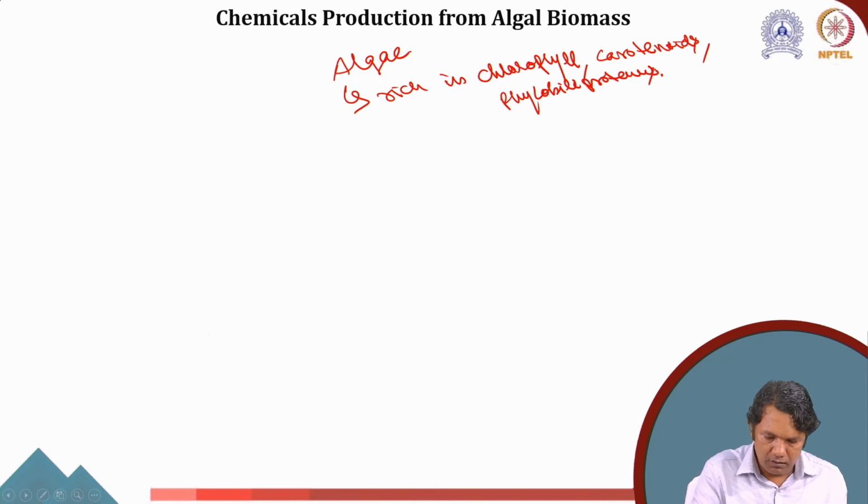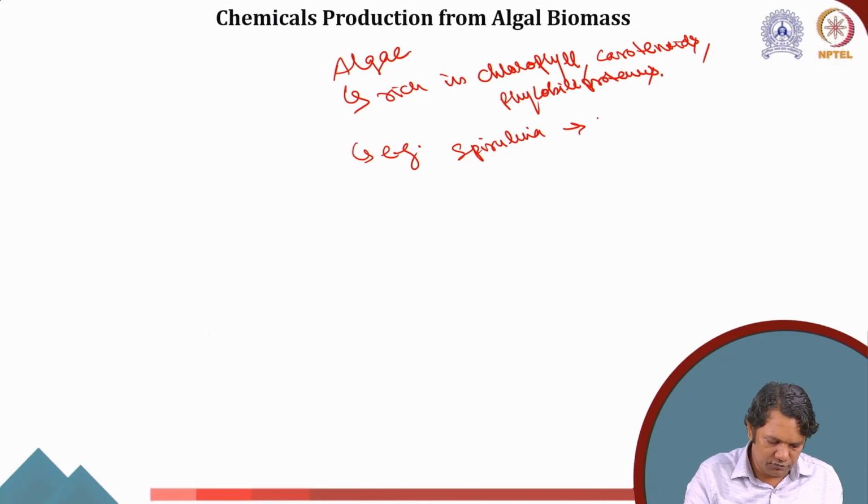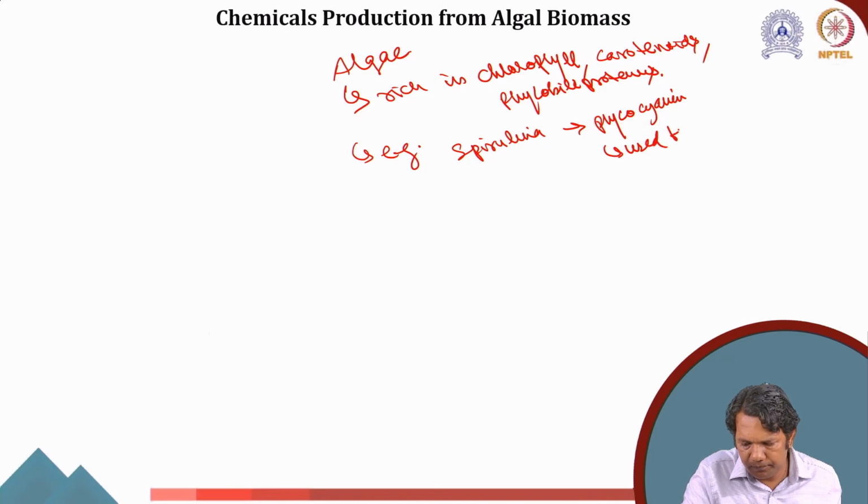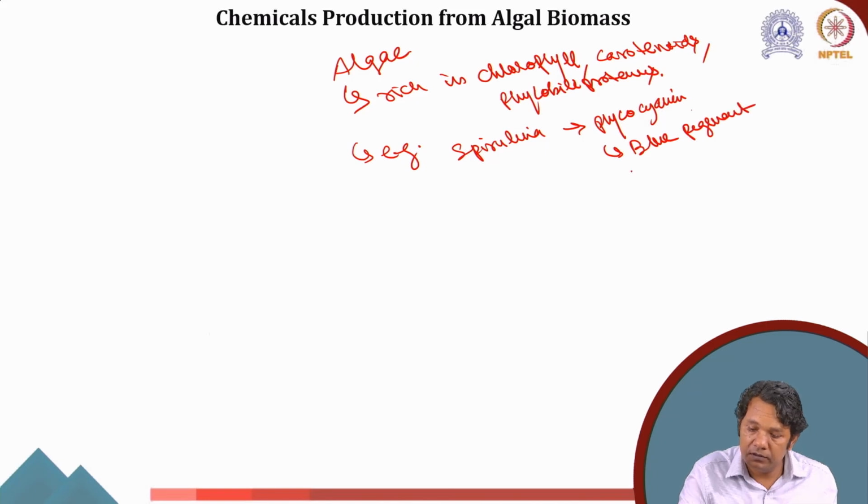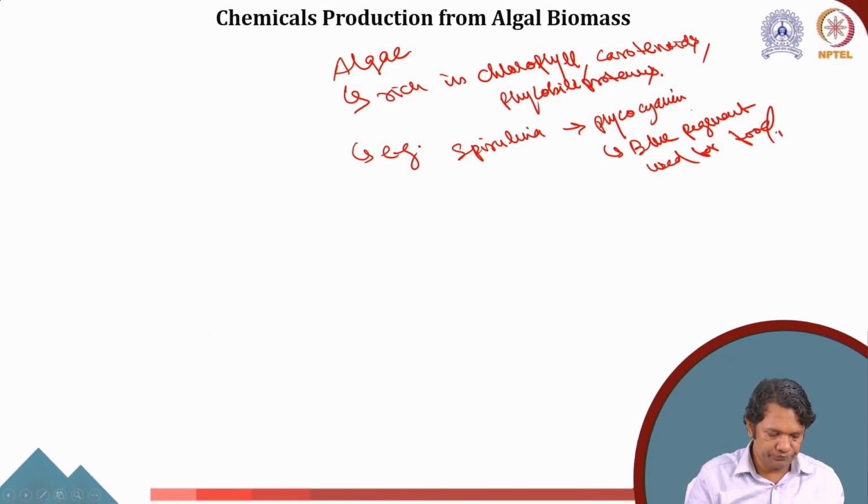For example, spirulina is used for phycocyanin, which is a blue pigment used for food. Similarly, we have another example.